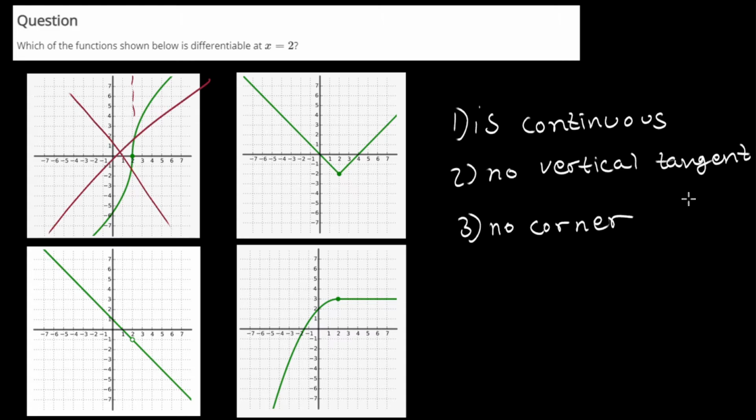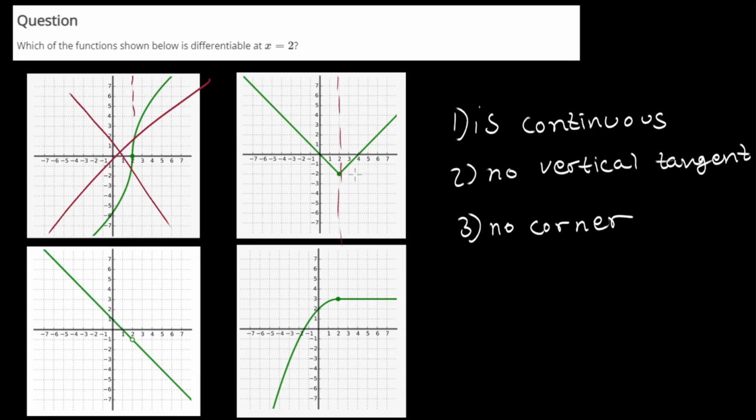Remember, it has to pass all these checks in order for it to be differentiable, and it didn't pass the vertical tangent. It didn't pass one of the checks. That means it's not differentiable at x equals 2. Now we go back here. We look at x equals 2. At this other line, it is continuous at x equals 2. It also does not have a vertical tangent at x equals 2.